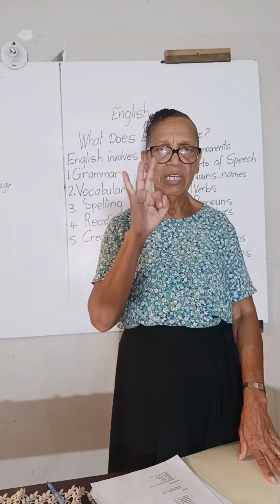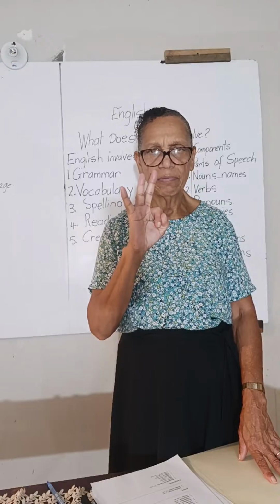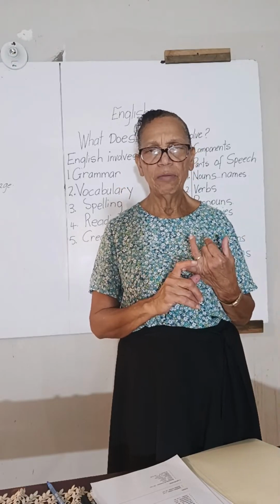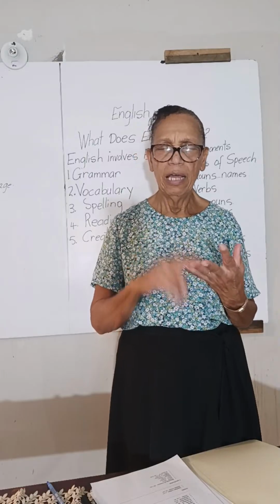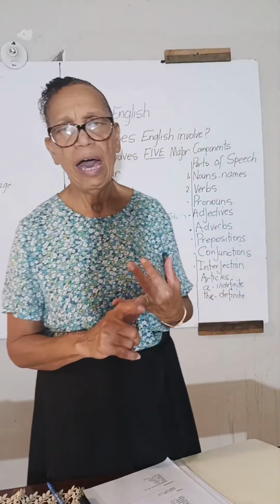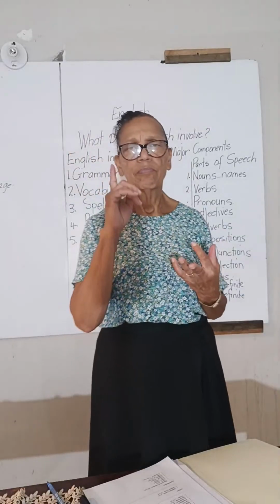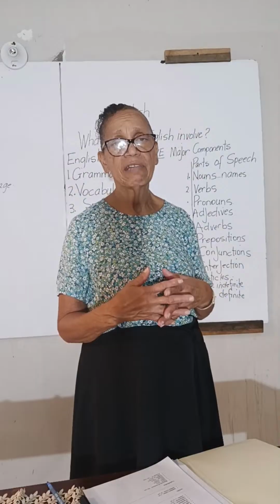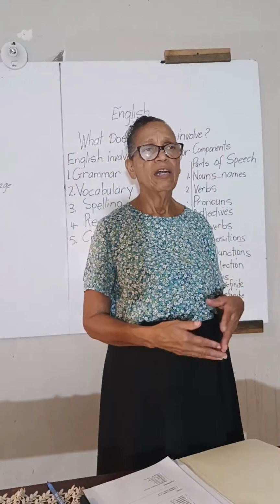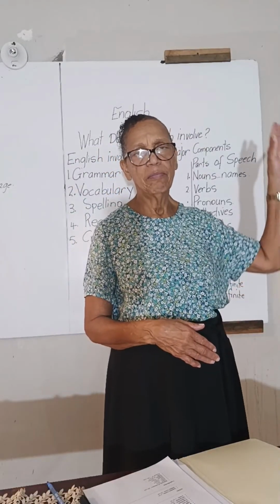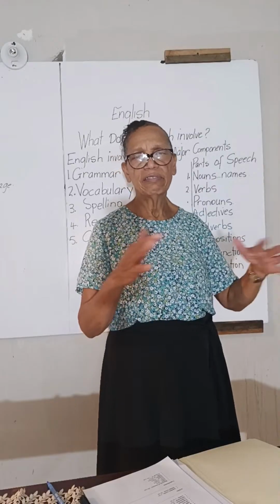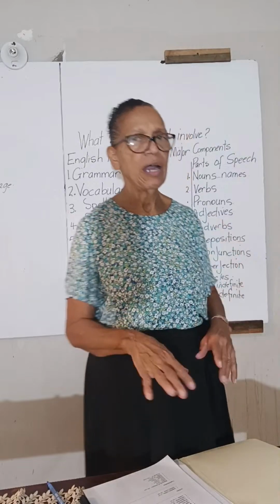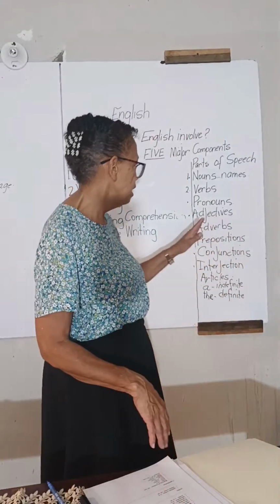There are three types of verbs: action verbs, helping verbs, and linking verbs. Now, verbs will cover a lot of things, like tense: past tense, present tense, and future tense. Don't worry, I'm going to go through these as we go along.